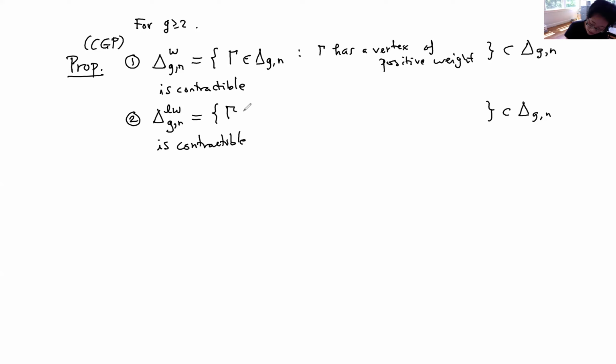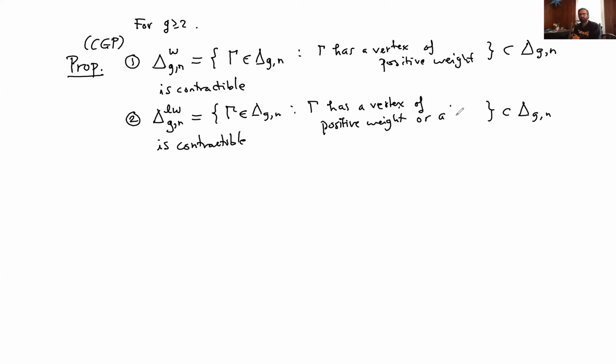And the second is a larger locus. It contains all tropical curves with a vertex of positive weight or a loop, or both. Since we're only talking about Euler characteristics, I could have been more conservative and said there are certain subcomplexes of a slightly larger graph complex where the generators have either a vertex of positive weight or a loop.